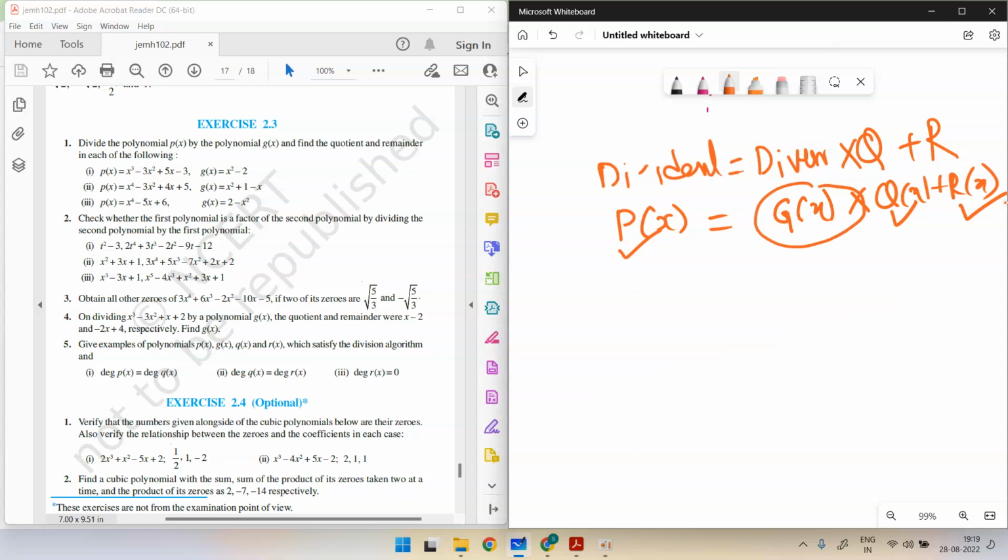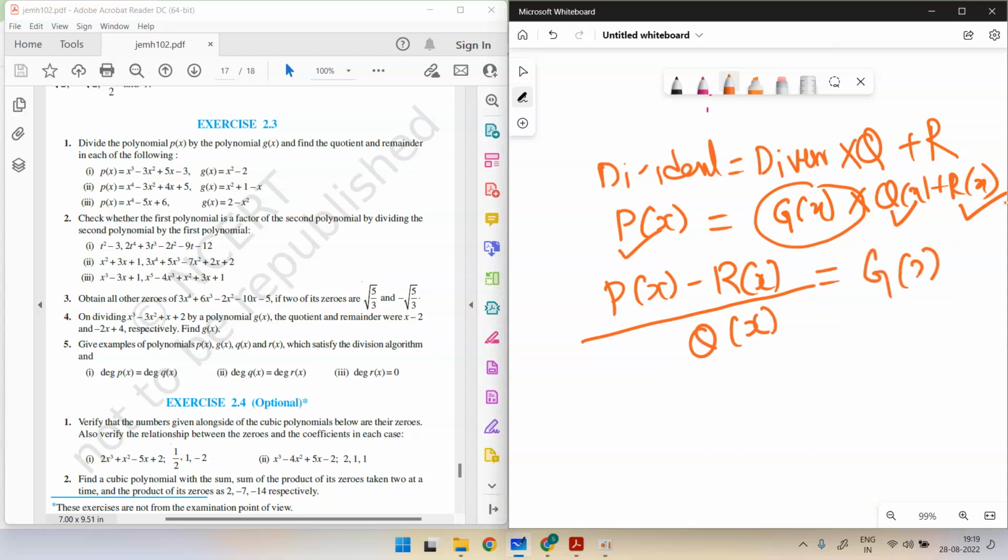From here you can see that if you do like this and divide it by q(x), you get g(x). That is, dividend minus remainder upon quotient will give you the divisor g(x).